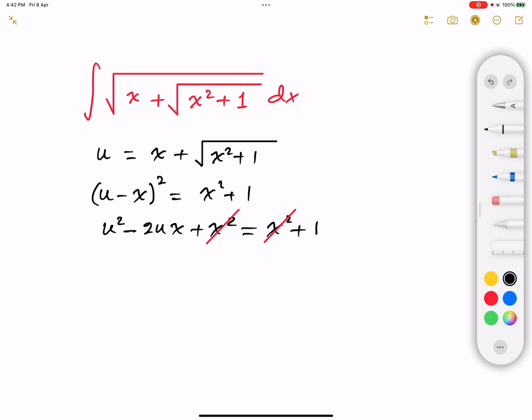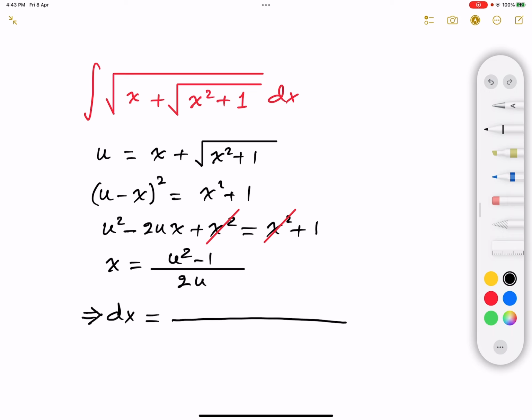So x is gonna be equal to, we can move 2ux to the other side, so that would give us u squared minus 1 divided by twice u. From that we can differentiate both sides and get dx in terms of du.